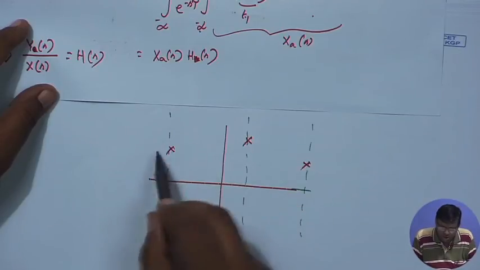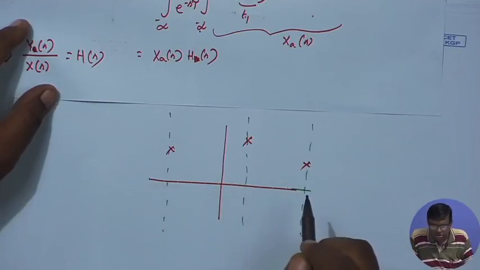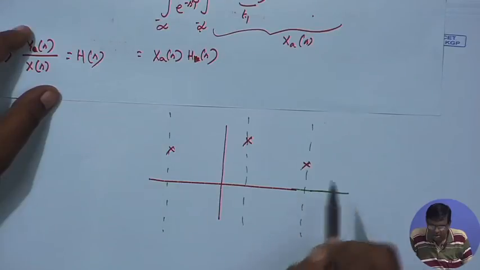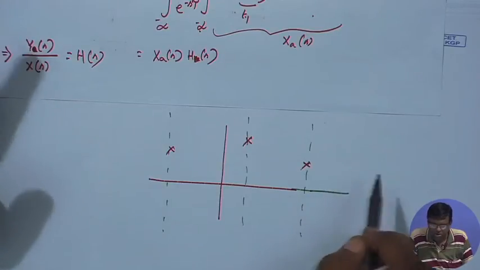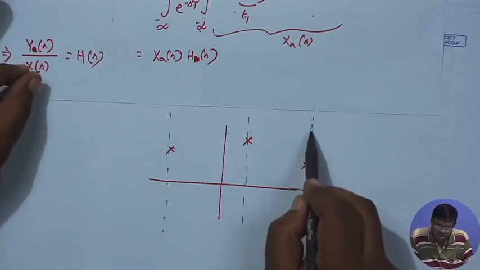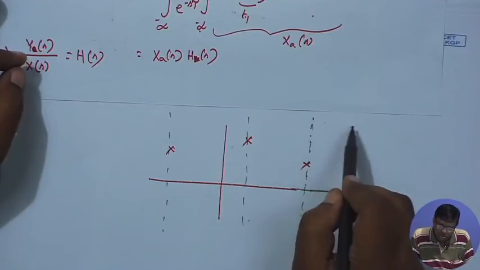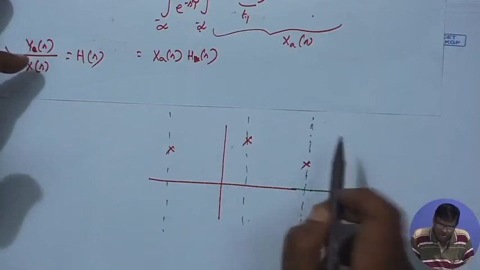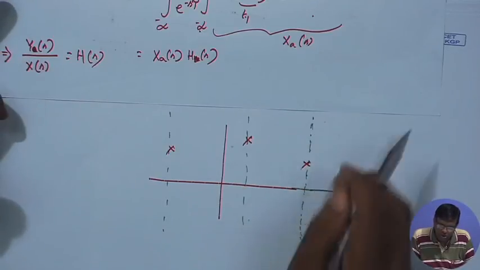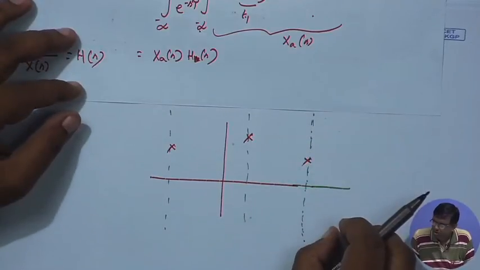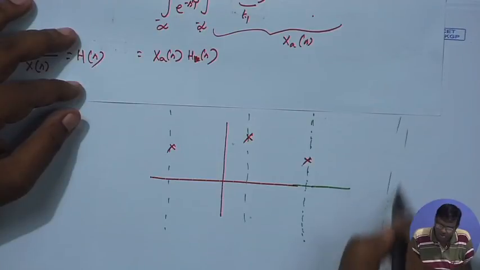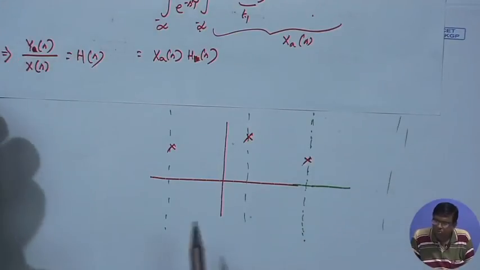Now, these poles cannot be part of ROC. At the same time, you have seen that for linear time invariant systems, ROC of a Laplace transform will be governed by strips, the vertical strips. This vertical strip should not contain any pole.